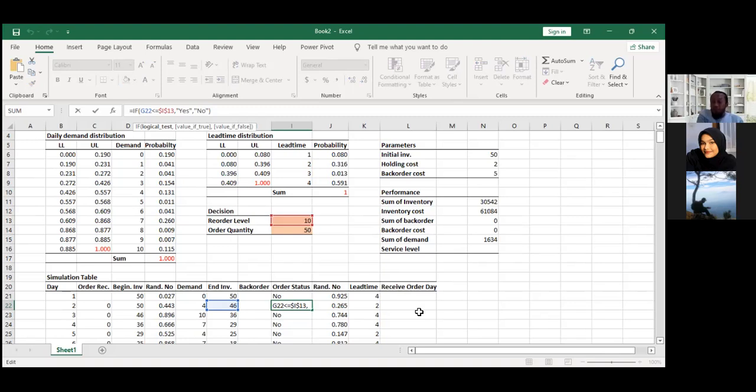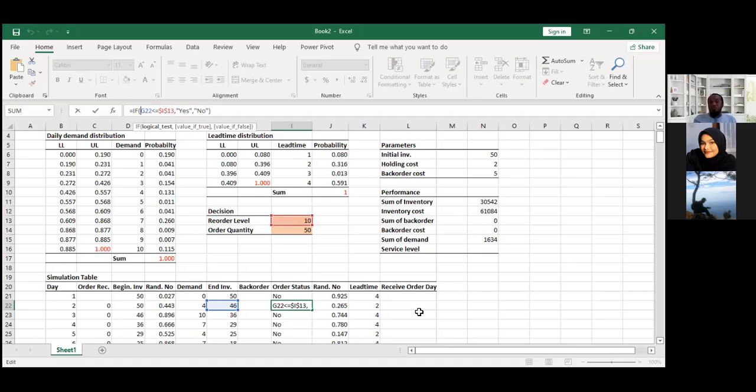If the ending inventory is less than or equal to the reorder level, and previously we never ordered, then we order. But if the ending inventory is less than or equal to the reorder level, but previously we already ordered, then we need to wait until we receive the order first.